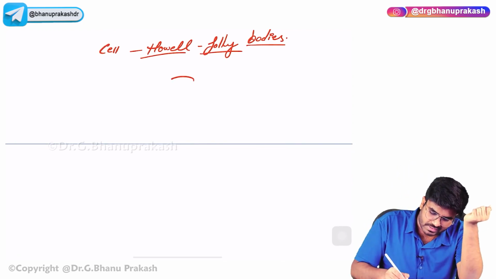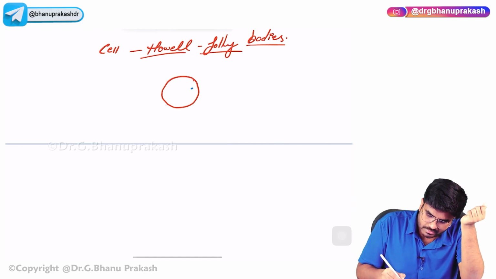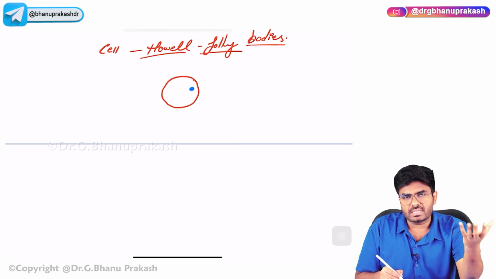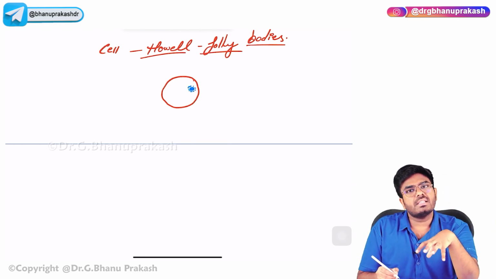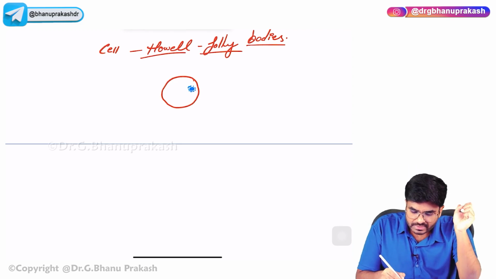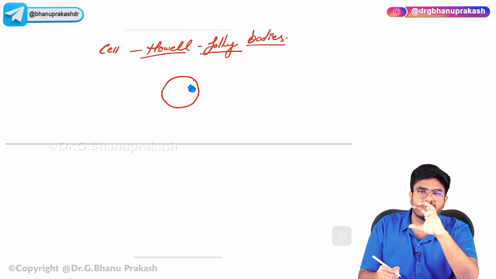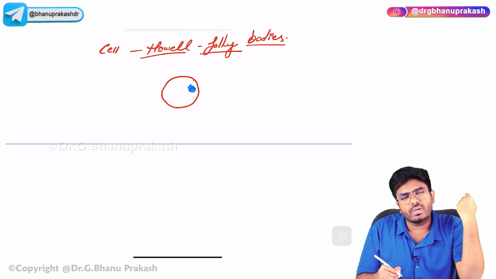For example, if this is the red blood cell, and if by chance any RBC comes into the peripheral circulation with some remnant nucleus, such cells are captured by the spleen. It will try to remove this nucleus, or sometimes totally destroy these RBCs.